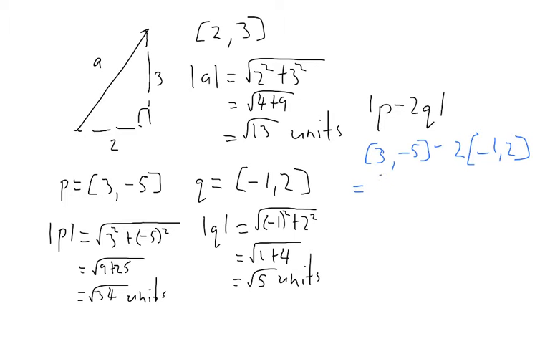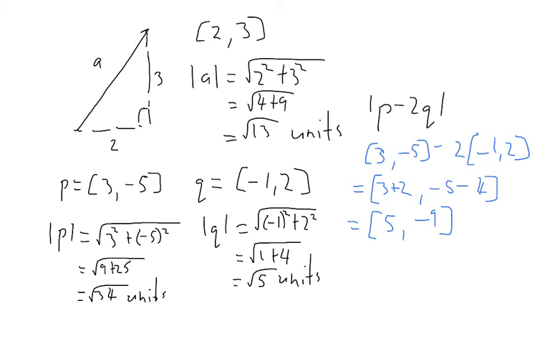That equals, now minus 2 times minus 1 is plus 2, so 3 plus 2 is 5. Then minus 2 times 2 is minus 4, so minus 5 take 4 is minus 9.